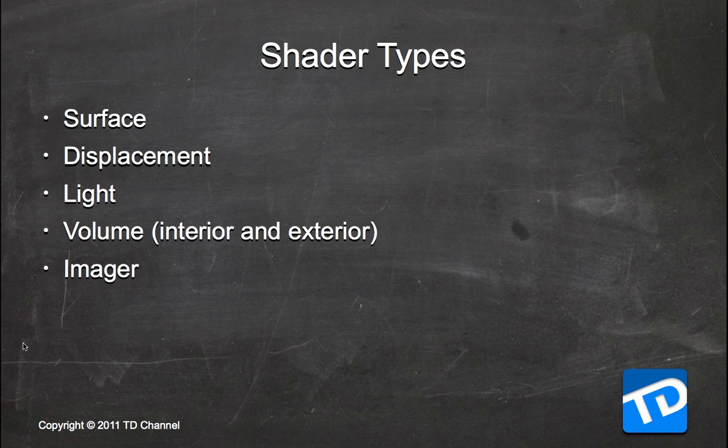Most renderers support these kinds of shaders. Usually we'll have a surface shader, displacement, light, volume, and imager. Some other rendering packages provide different shader types, like for example, Mental Ray, which also supports camera shaders.